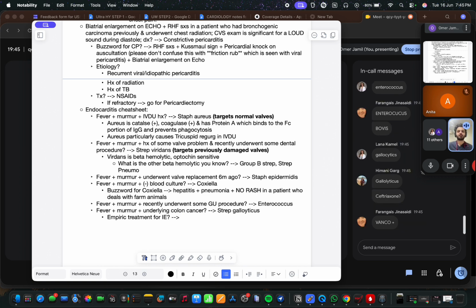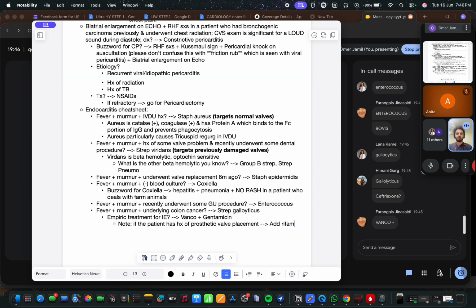Are we talking about strep pneumo or Neisseria? Vanco plus what? Gentamicin. Okay. Note, extremely high yield to know: if the patient has a history of prosthetic valve placement, add rifampin.